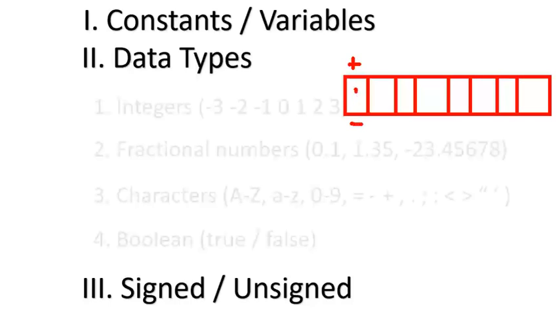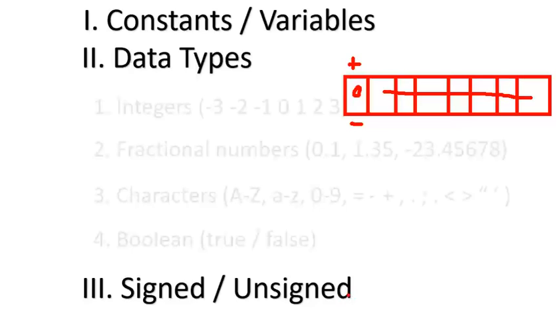If it is 1, for example, it will be a plus. If it is a 0, it will be a minus. So only the remaining 7 bits will be used to store the data. In that way we can store both positive numbers or negative numbers, but only 7 bits can be used. This bit can only be used for the sign.